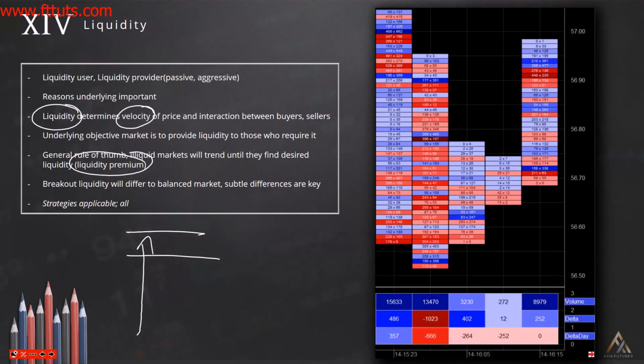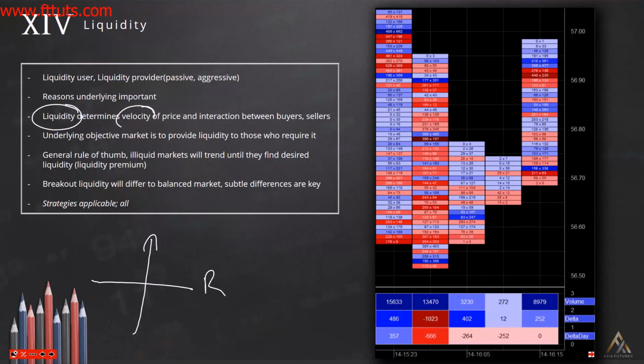Now note, breakout liquidity will be very, very different in a balanced market situation compared to a breakout situation. When a market's breaking out, ultimately we're going to see a lot less liquidity being provided. Why? Because we're breaking out of key resistance.